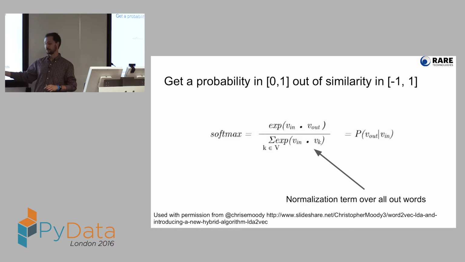Then I see how likely I am to see fox next to over. It's the usual softmax trick. You can get the gradient descent from this formula, and there are nice derivations online you can find. This is what we're going to be bumping up in our for loop.